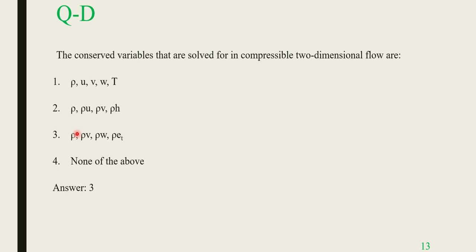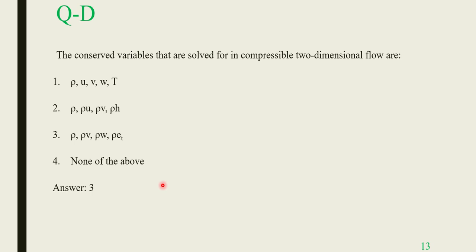Can anyone explain this? It is a simple question. So when we are dealing with compressible two-dimensional flows, what are the governing equations that we would be solving? First would be the continuity equation, second the x momentum equation, third the y momentum equation, and fourth the energy conservation equation.